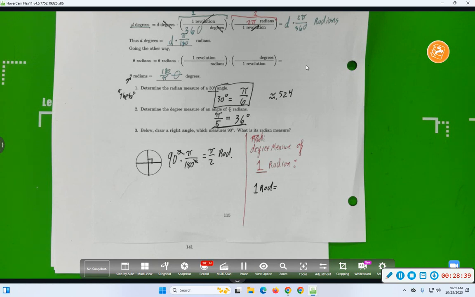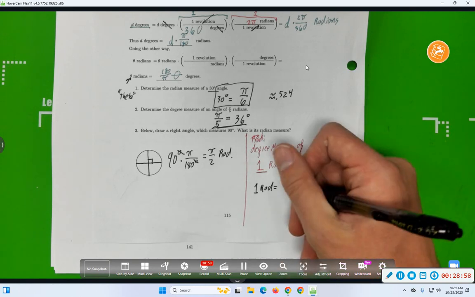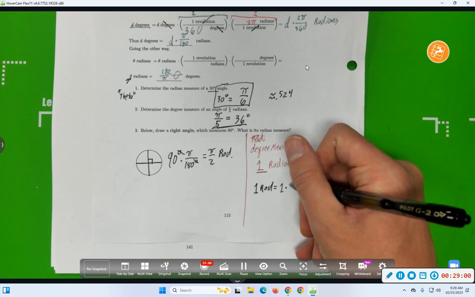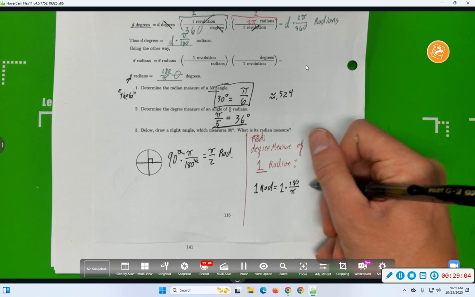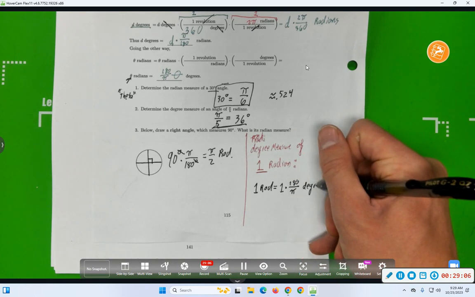There's no pi next to it. So what do you do to get an angle in radians to degrees? What do I need to multiply and divide by? Multiply by 180, divide by pi. So 1 radian is 1 times 180 divided by pi degrees.